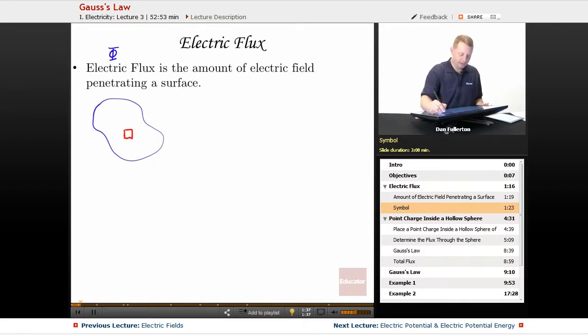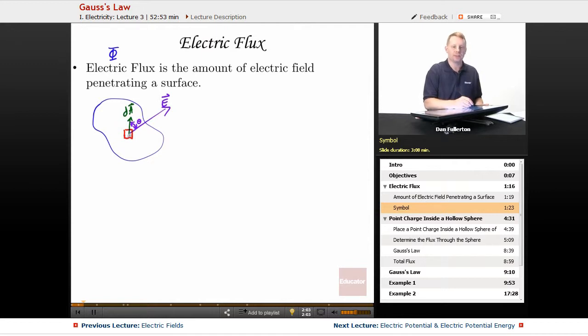And from that, coming out of it, perpendicular to it, we'll define a vector, dA, where the direction of dA, the area, is perpendicular to that surface. And assume we have some amount of electric field coming out through that area as well. The angle between these we'll call theta.